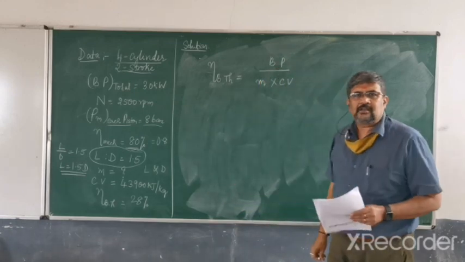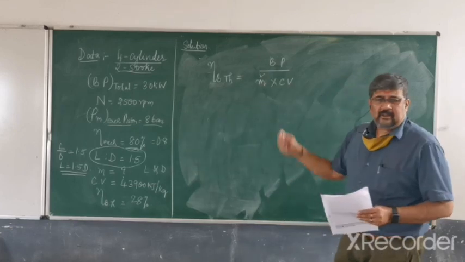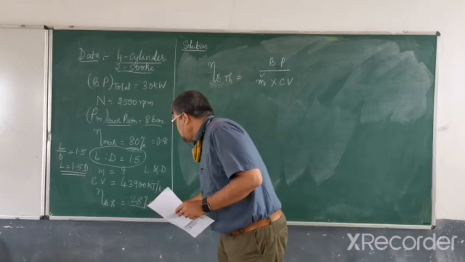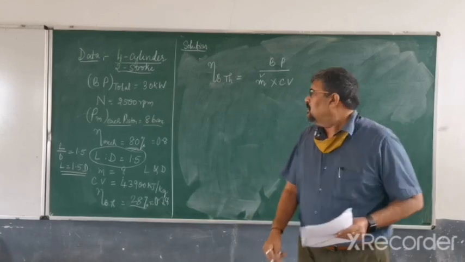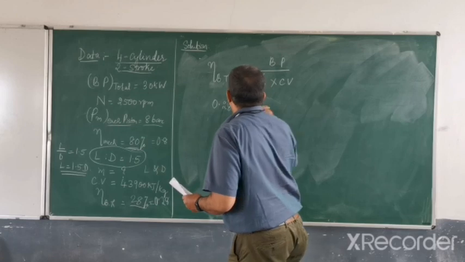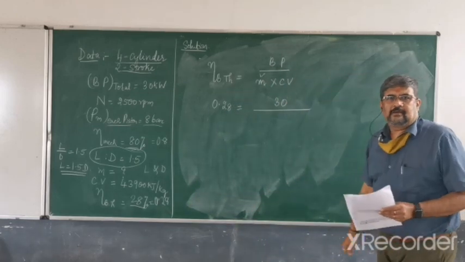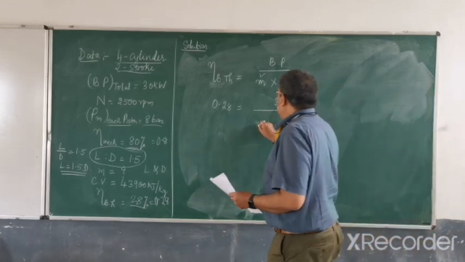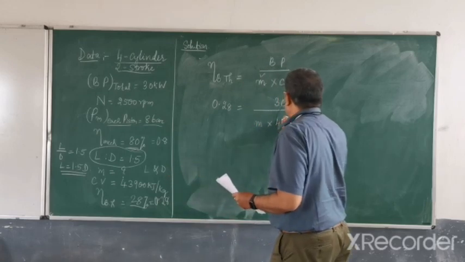What is actually asked in the problem is this value of m. The brake thermal efficiency is given as 28%, which is nothing but 0.28. So I write 0.28 is equal to the total power it is developing, which is 30 kilowatt, divided by m into the calorific value of the fuel, which is given as 43,900.